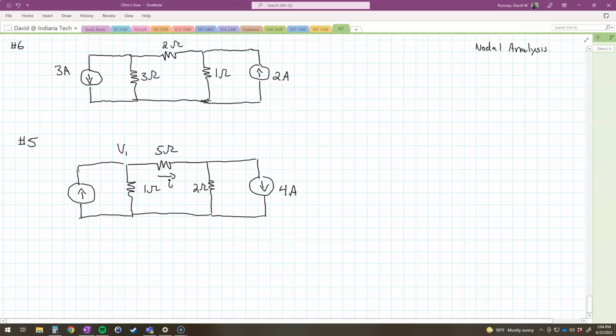Now this problem, if you read it in the text, does specifically say to determine I using the nodal analysis technique.